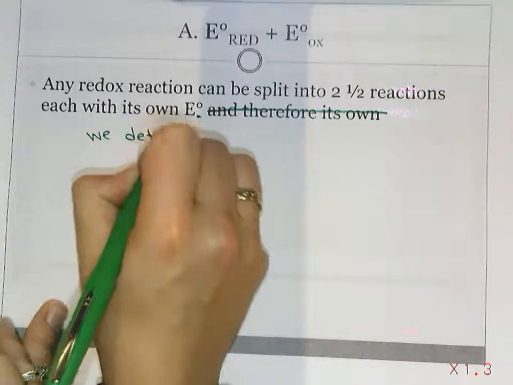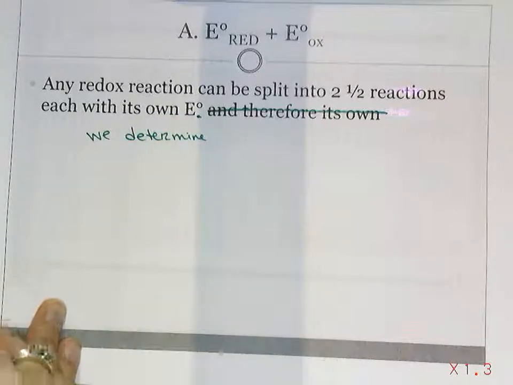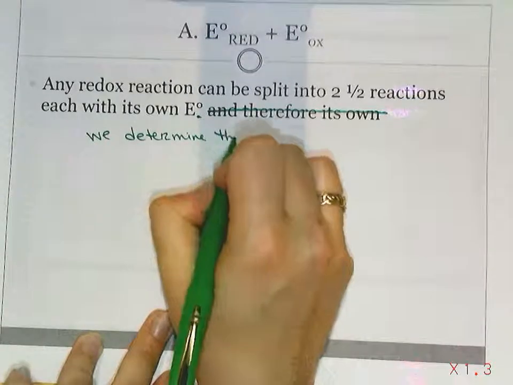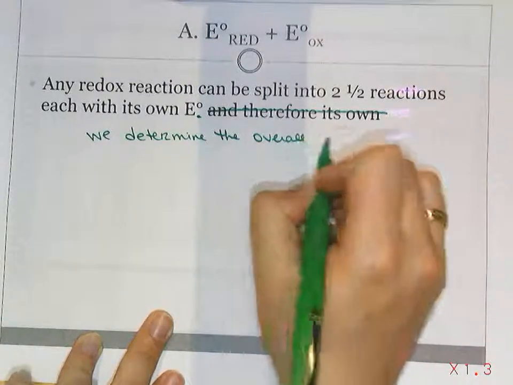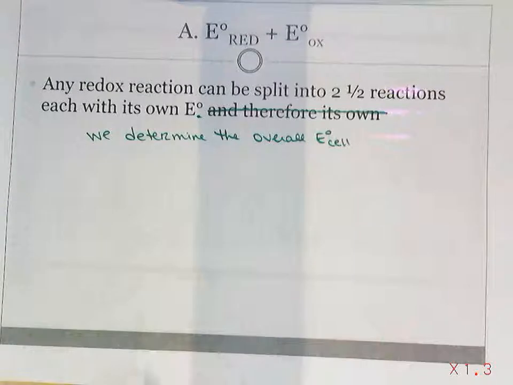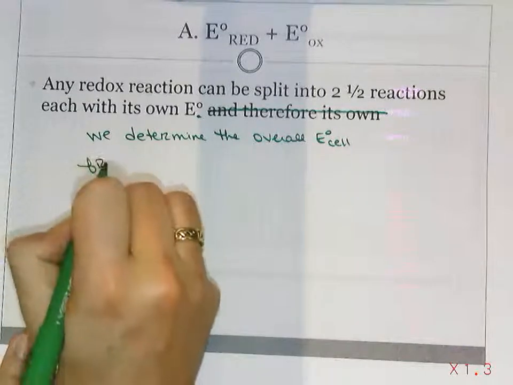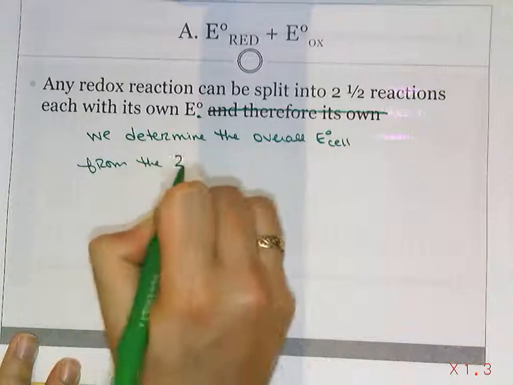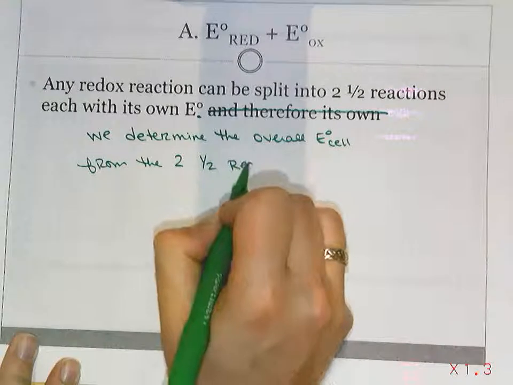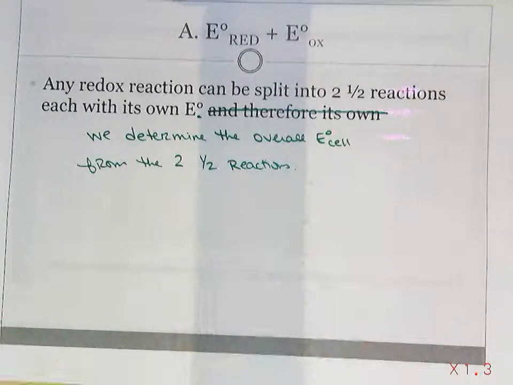So we're going to determine the overall E cell from the two half reactions. The electrons are flowing anode to cathode, so where do the electrons eventually end up?